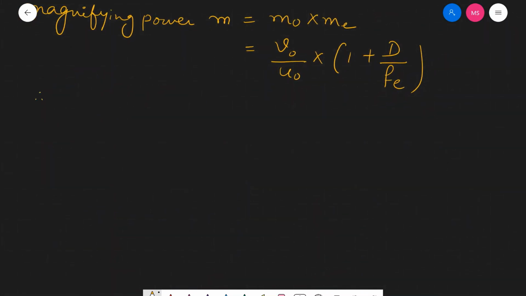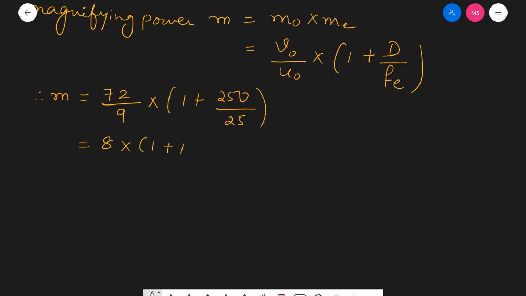So therefore M will be equal to VO is 72 over 9 into 1 plus 250 over 25. So you can see that this will be equal to 8 into 1 plus 10, that is 8 into 11, that will be equal to 88. So magnifying power of this compound microscope will be 88.